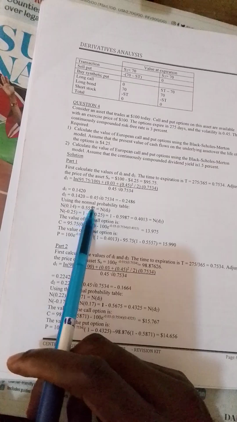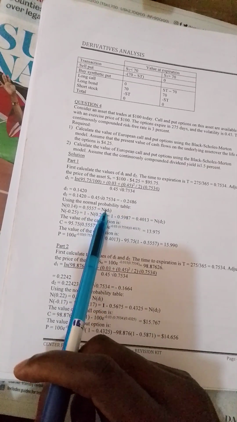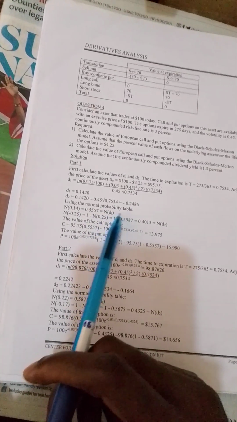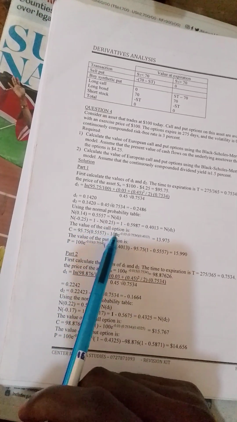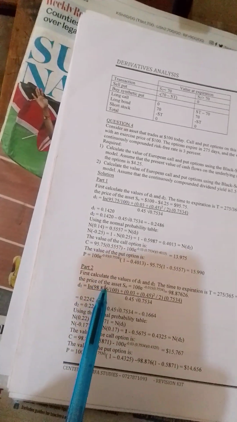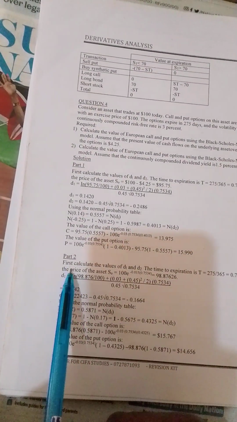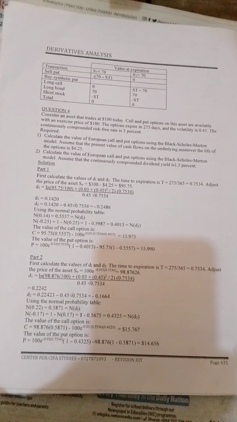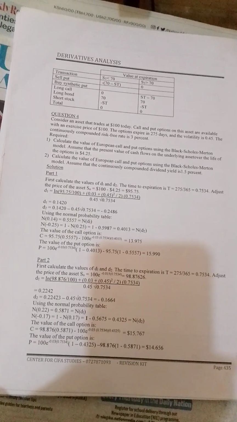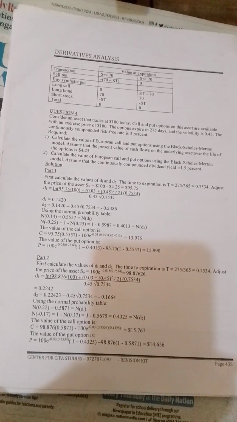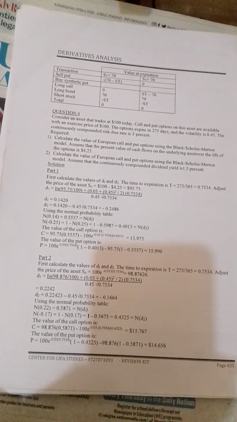Then using the normal probability table, you get your ND1 this way, ND2 this way, the value of the call option, then this concept here all the way. Then part 2 you have done here. So I think what you do is try to attempt that question as part of your assignment, and then try to see whether the answer that you get is okay with you.